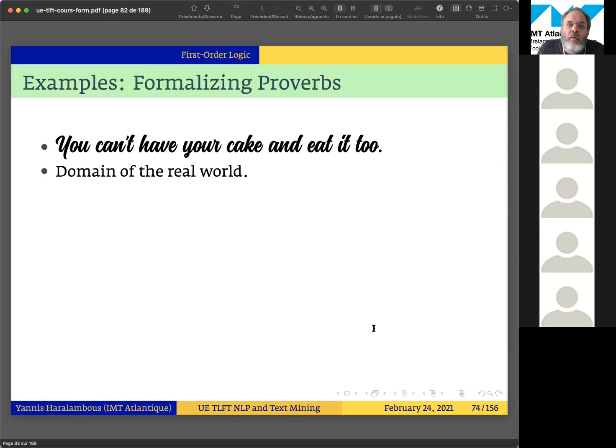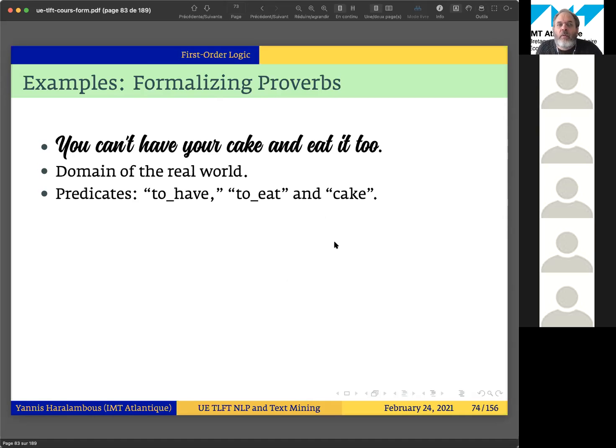The domain will be again the real world. I will not interpret this metaphorically. I take the literal meaning of the cake. So I need to specialize on cakes, and I have actions to have and to eat.